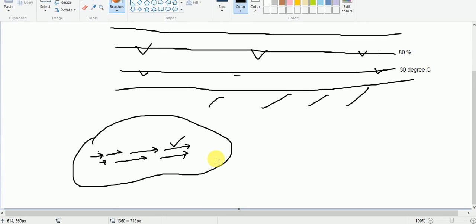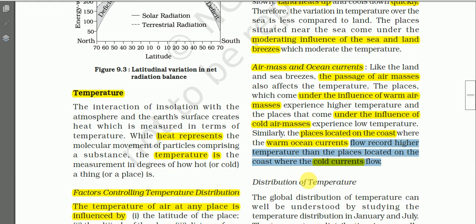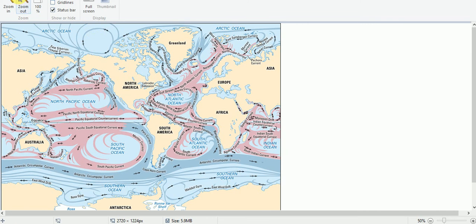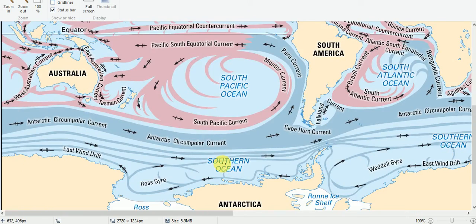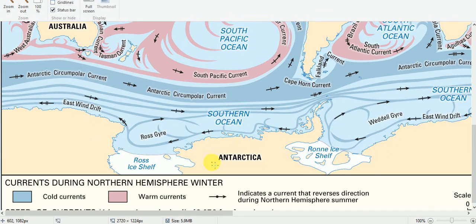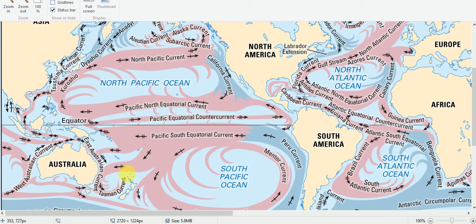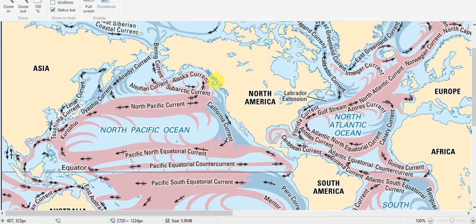And like the air mass, see this diagram here. This is a map showing ocean currents. See the color code. This color code shows warm ocean currents, and the blue one shows cold currents.